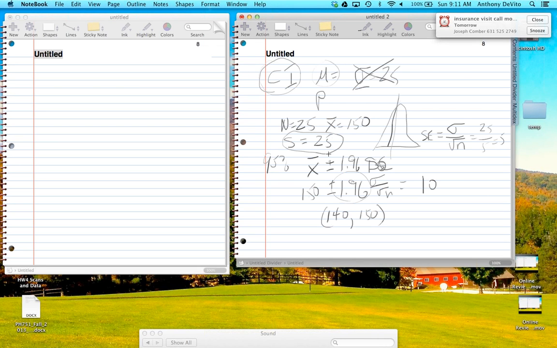Okay, so in that case, we've introduced an extra layer of possible error here, right? Because we don't know what that really is. There is some chance that it's going to be bigger or smaller than that, right?